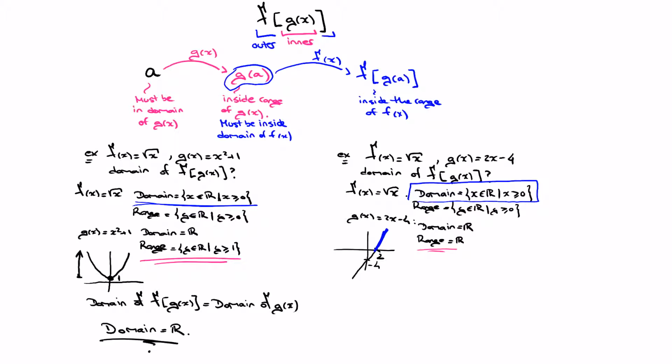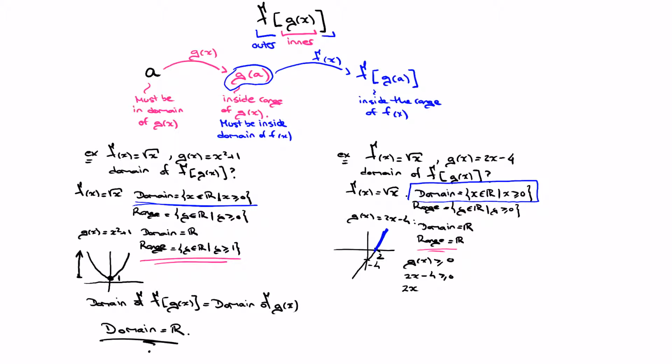And to do this, just to make sure we do it correctly, we're going to solve the inequality g of x greater than or equal to 0 to make sure that the values of g of x fall inside the domain of the outer function f of x. So g of x greater than or equal to 0 leads us to 2x minus 4 greater than or equal to 0.